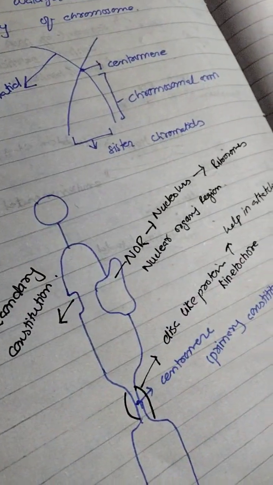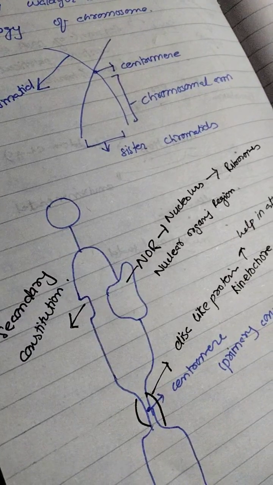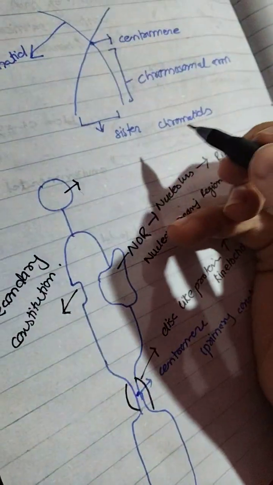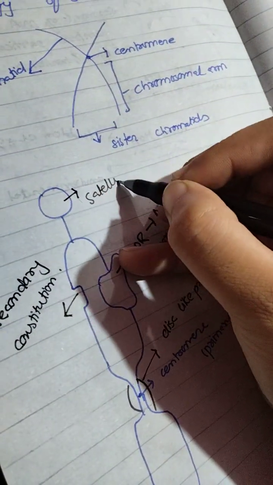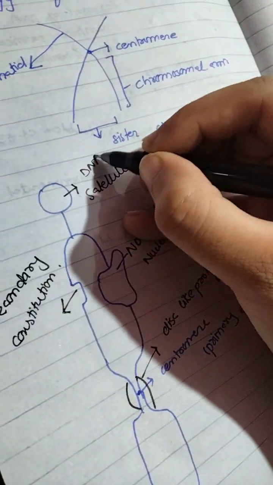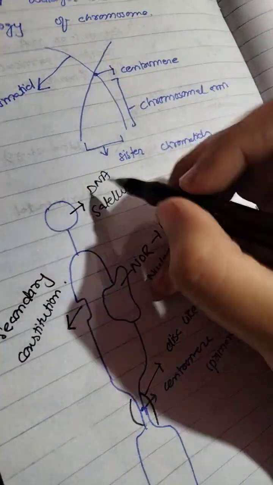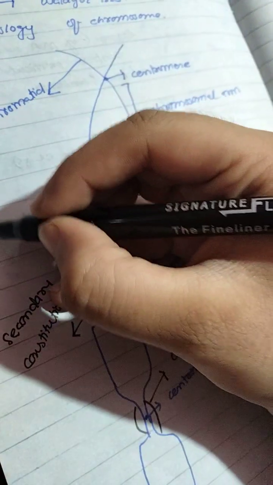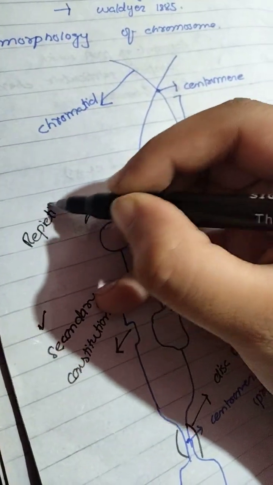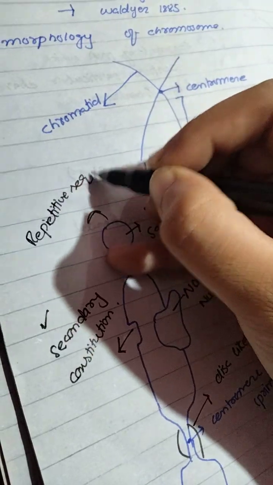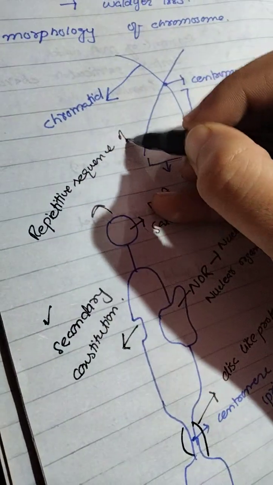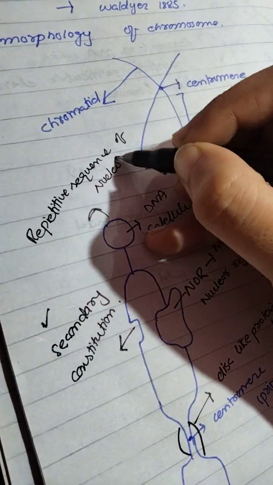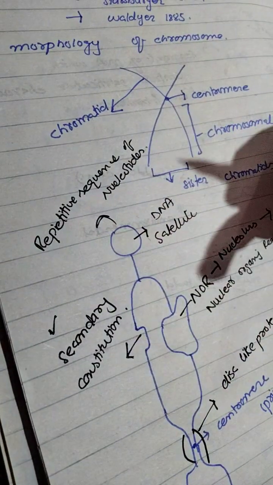Right? Now above this secondary constriction we have this satellite DNA. Basically it contains a repetitive sequence of nucleotides.